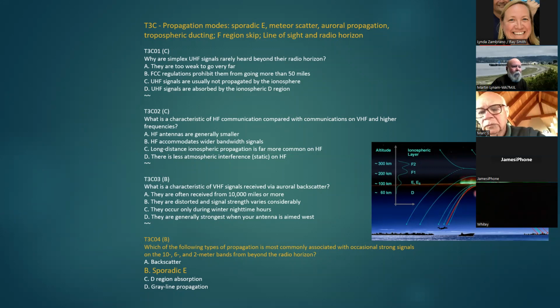Doesn't happen very often. As an emergency communicator, you're not generally going to see it, but very occasionally, all of a sudden, you may be talking and receive a signal from a couple hundred miles away, and that's because it is using a reflection off of the E layer, and you're getting very long distance communications.